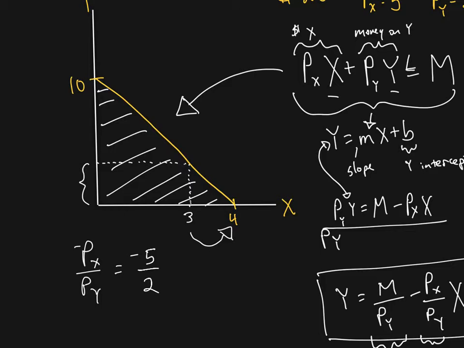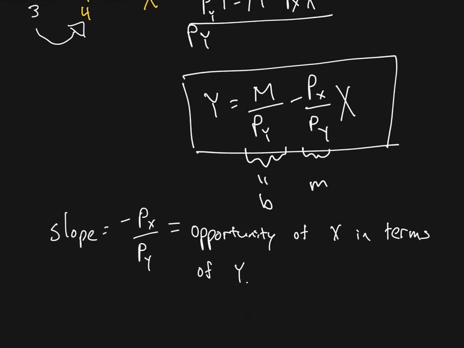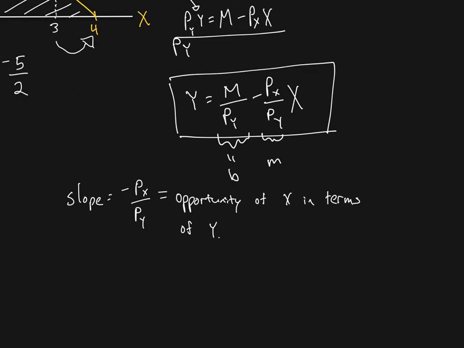So that means you have to give up 2.5 units of good Y in order to gain 1 more unit of good X, i.e. the opportunity cost. So this is really simple algebra, but it's really useful to keep in mind what the slope of the budget constraint is telling you.